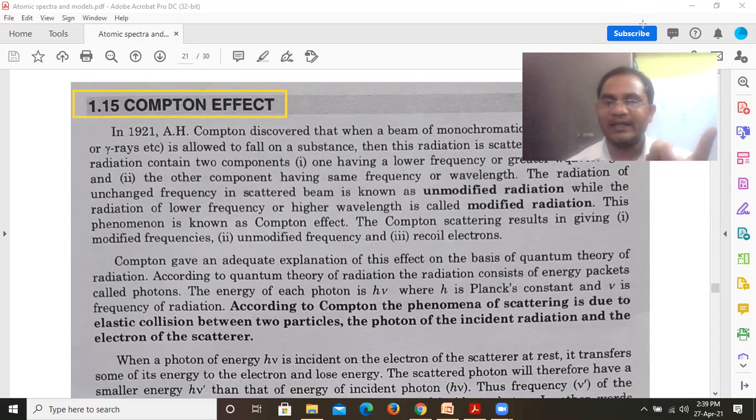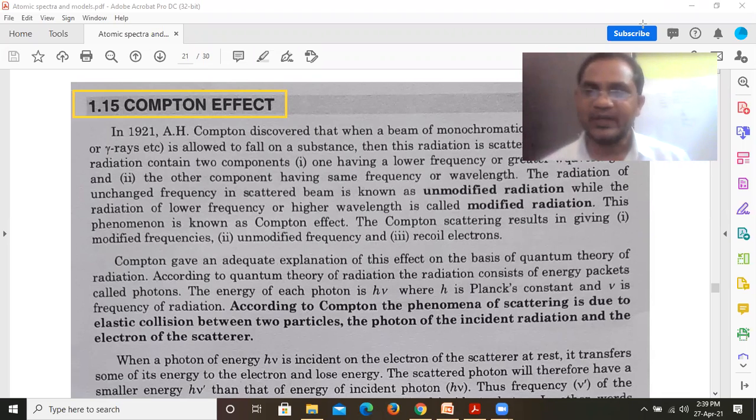All of you know what is meant by elastic collision. The collision in which both linear momentum and kinetic energy are conserved is called elastic collision. The collision in which only the linear momentum is conserved but kinetic energy is not conserved is called inelastic collision.